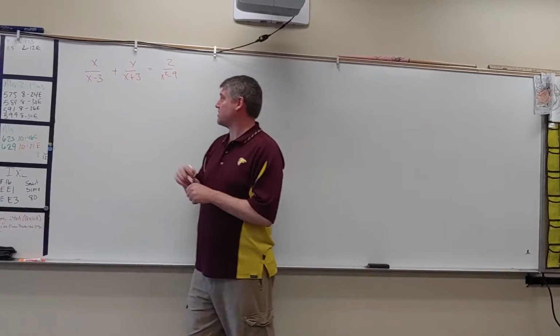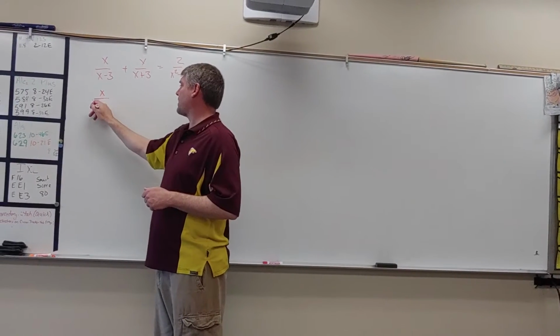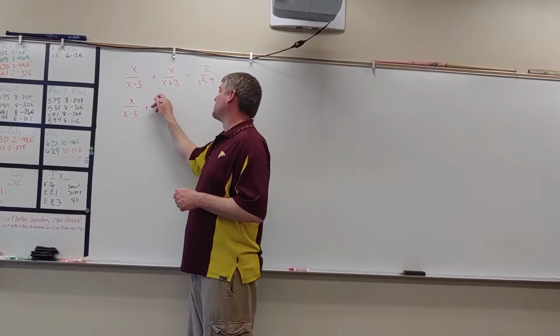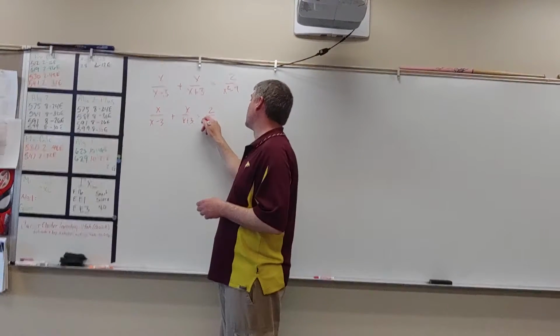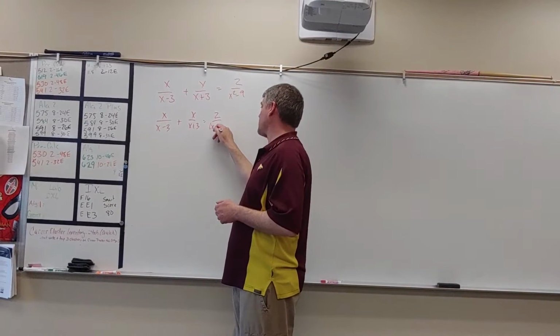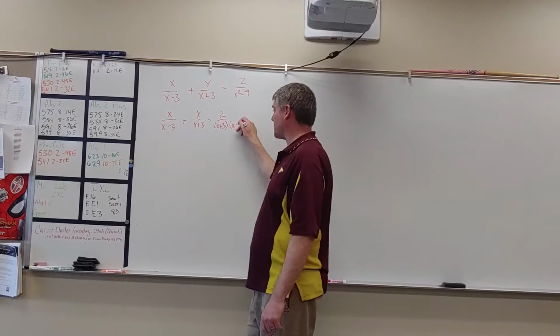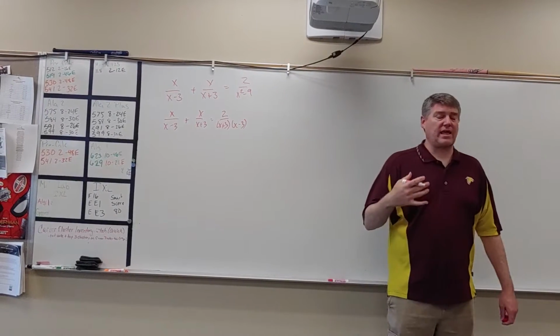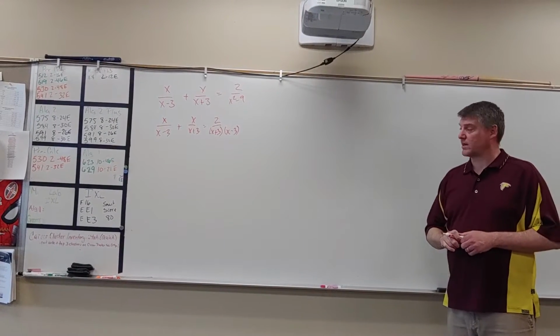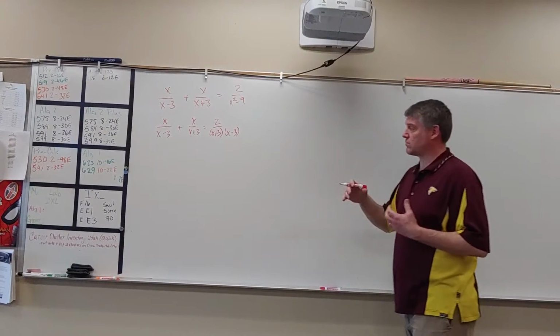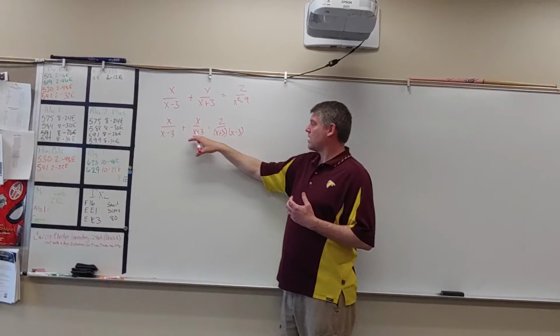So I'm going to factor everything. Here I have x over x minus 3 plus x over x plus 3 equals 2 over x plus 3 times x minus 3. Now I'm going to look at that common denominator, like what we did when we added and subtracted rational expressions.